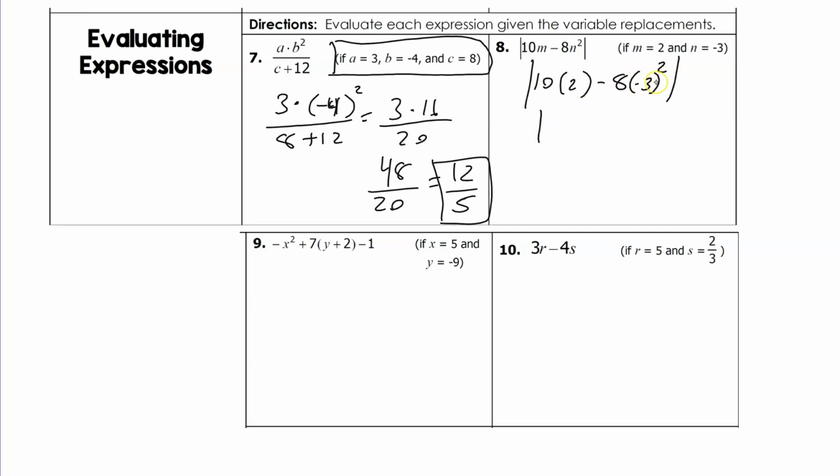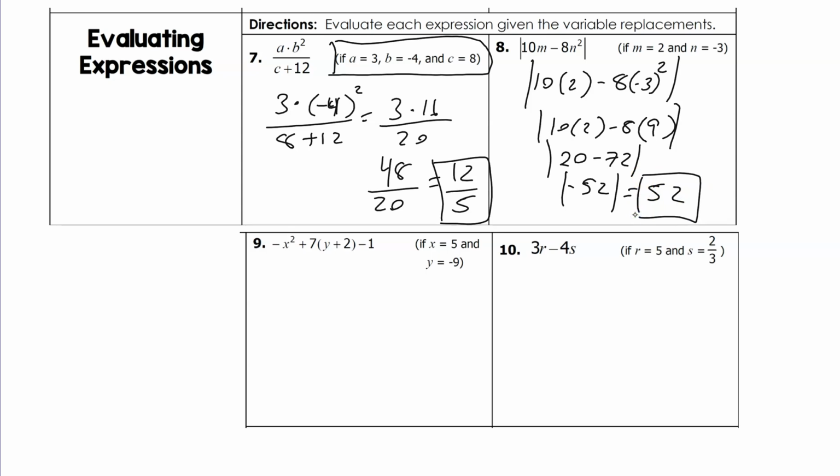Oh, we should deal with that exponent first. So that'll get us 10 times 2 minus 8 times 9, and that's the absolute value of that. 10 times 2 is 20 minus 72, and that's the absolute value of negative 52, which is just 52.